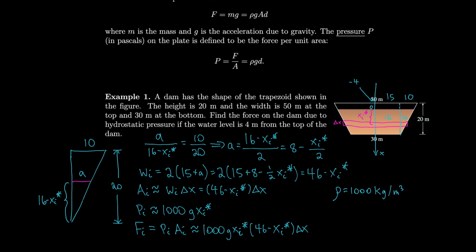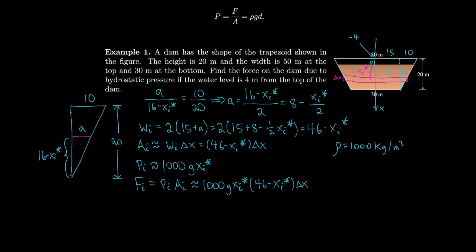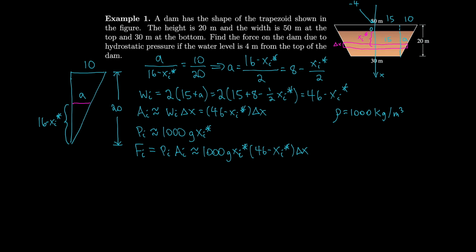Now, like I said, I'll take the limit as the number of these plates goes to infinity. So that'll be the total force F. So the total force is the limit of this sum of 1000 times g times xi star times 46 minus xi star times delta x.